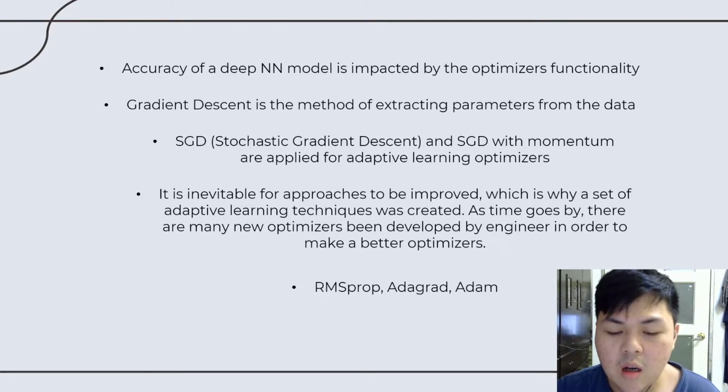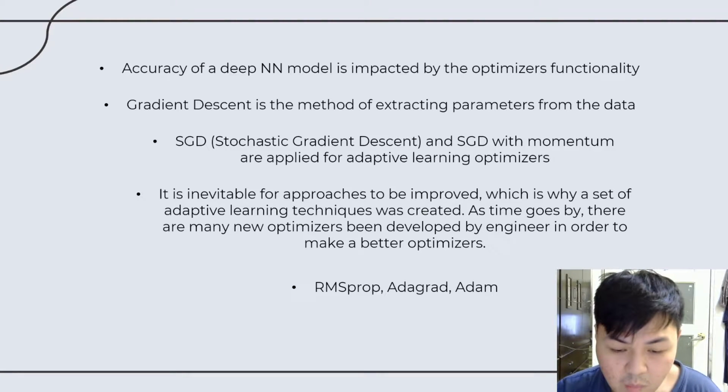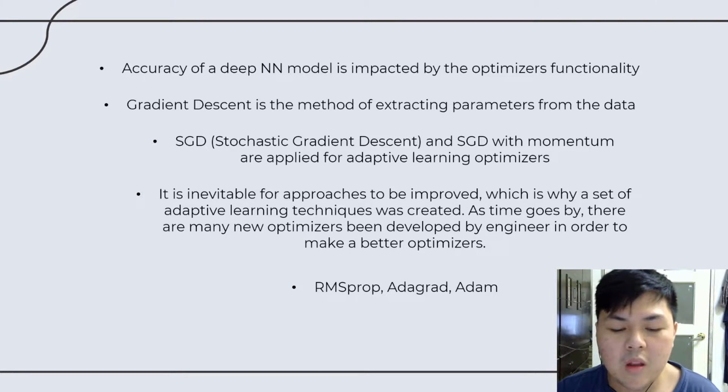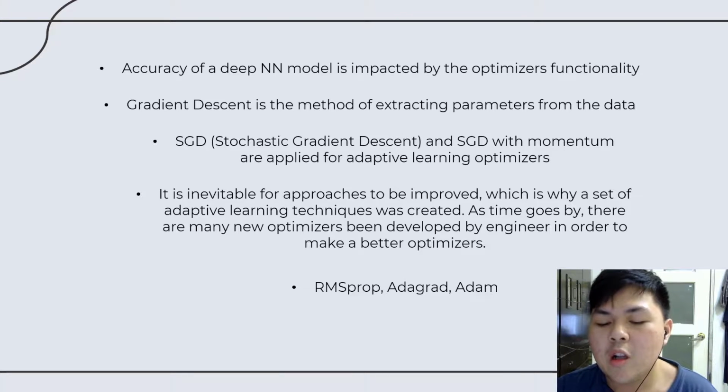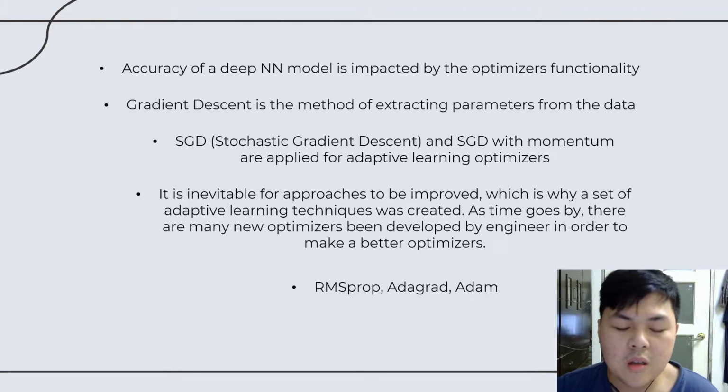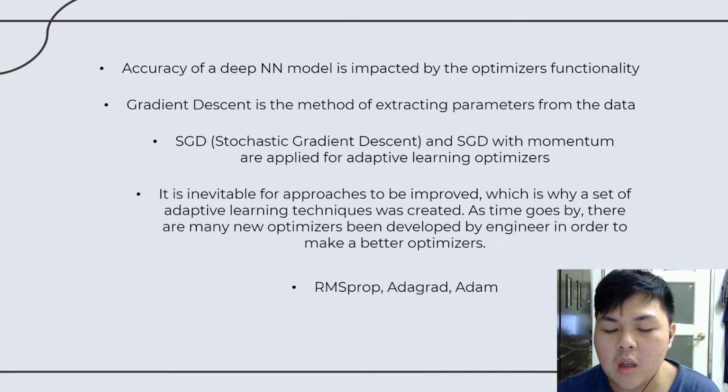or GD. Applying adaptive learning optimizers addresses some of the problems with the traditional stochastic gradient descent, or SGD, and SGD with momentum. Deep learning model training is iterative and requires the specification of an initial point to begin.